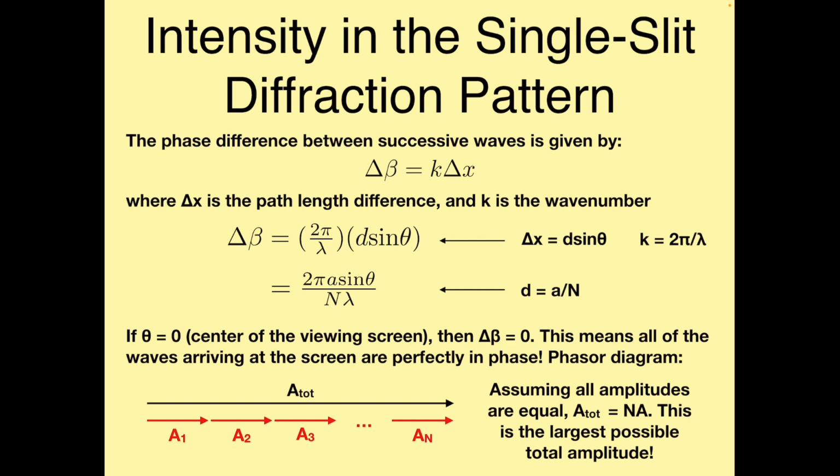They're perfectly constructively interfering with each other, okay? In other words, at the very center of the screen, we're getting a bright spot where the intensity is at a maximum.